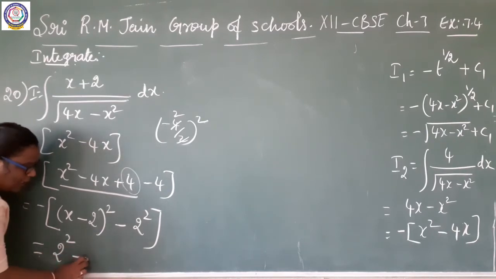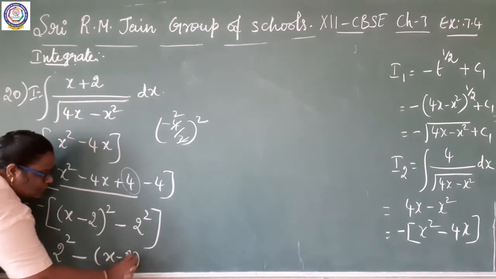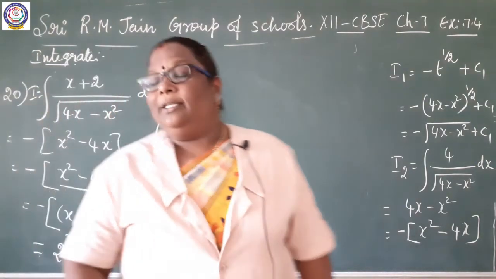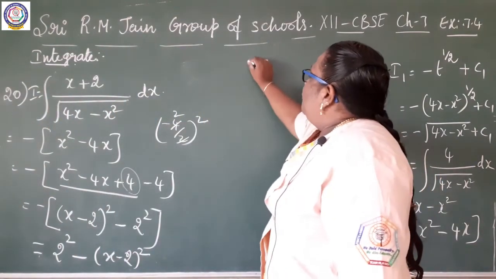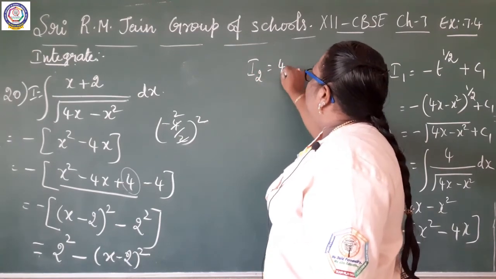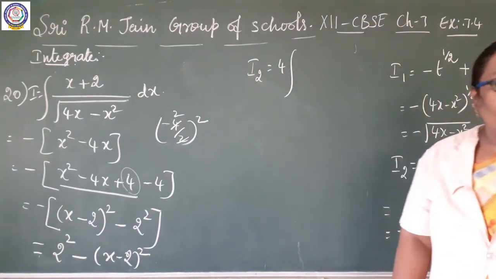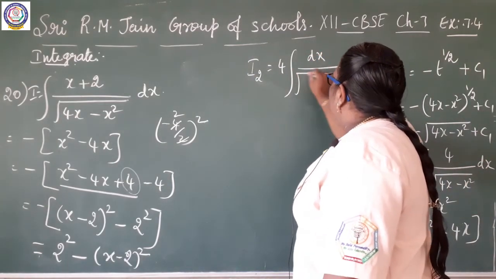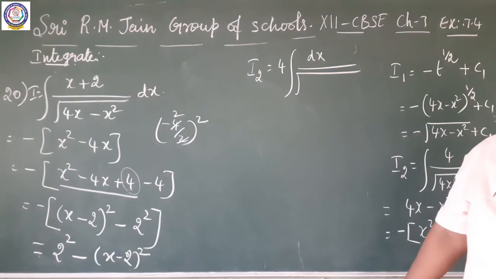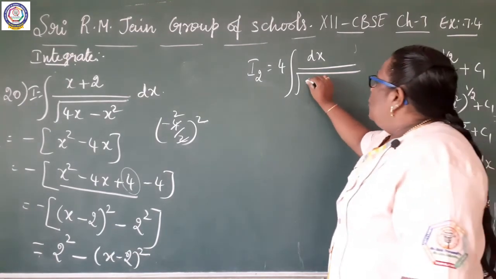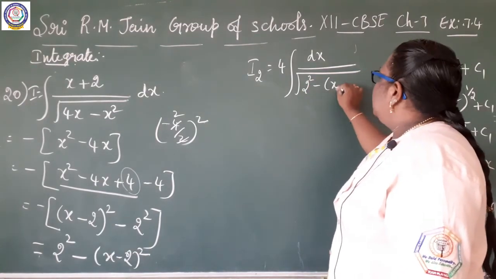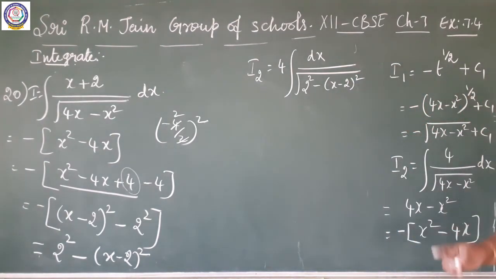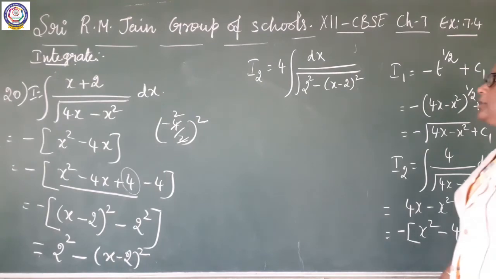So 2 square minus (x minus 2) the whole square. Therefore I2 equal to 4, which is constant, you can take it out, dx by root of 2 square minus (x minus 2) the whole square.